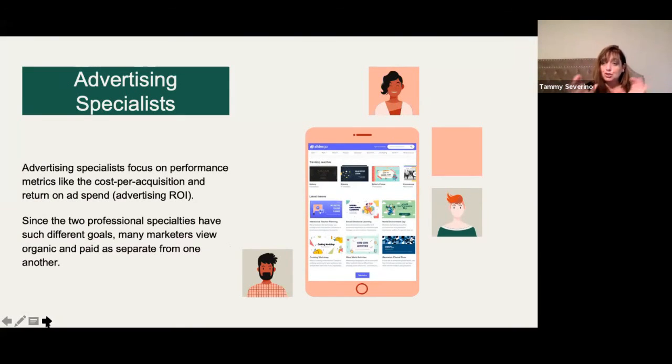So since the two professional specialties have very, very different goals, marketers will sometimes view organic and paid as very, very separate things: separate goals, separate focus, separate end game. Although the final result on any one of them is to build customers, they get there from very different avenues.